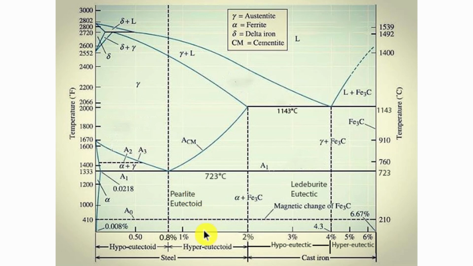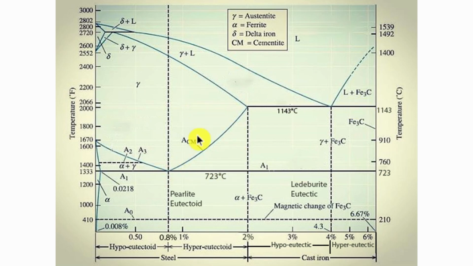If you take 1.2% carbon, if it cools down from liquid, it will form austenite and liquid, then austenite. And after austenite, when it cools down, it will pass through this ACM curve, which is joining 1143 degrees centigrade to the A1 line.